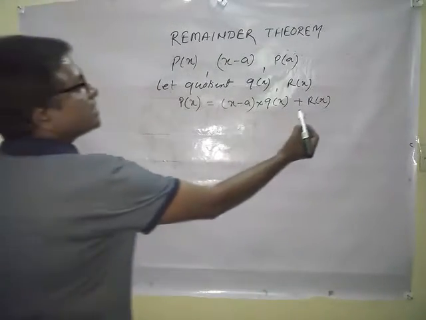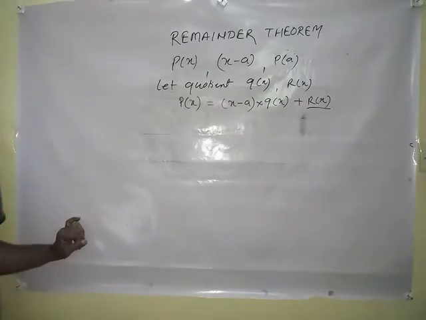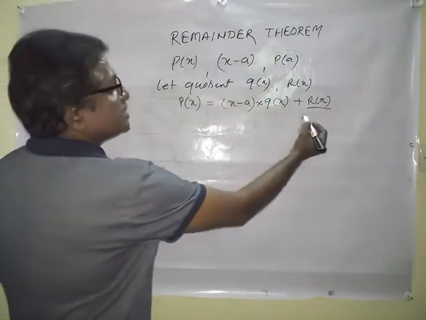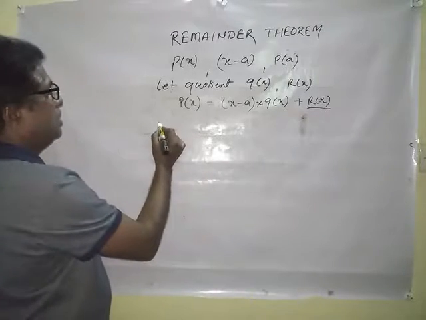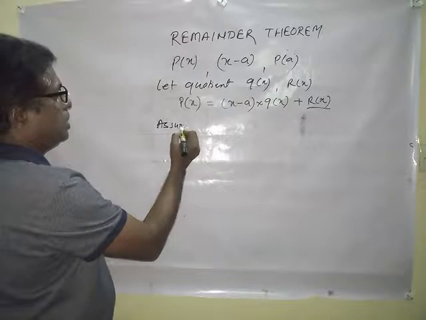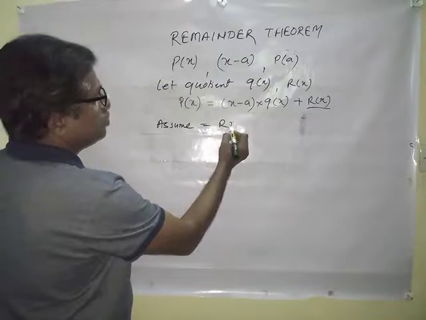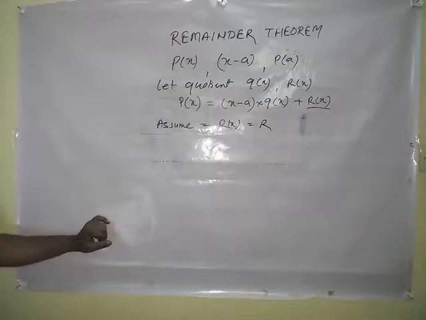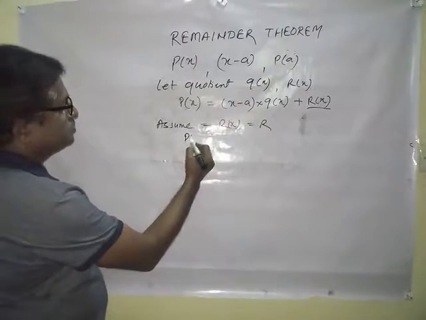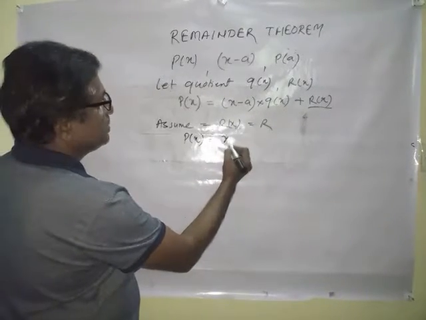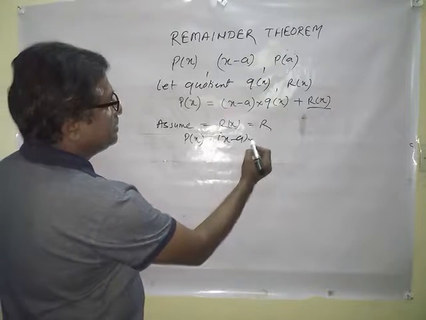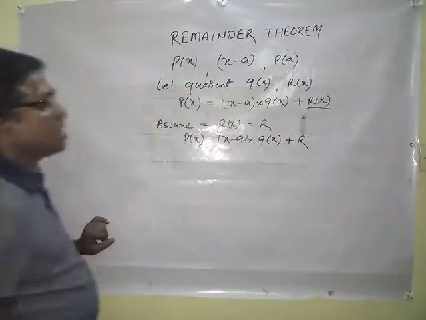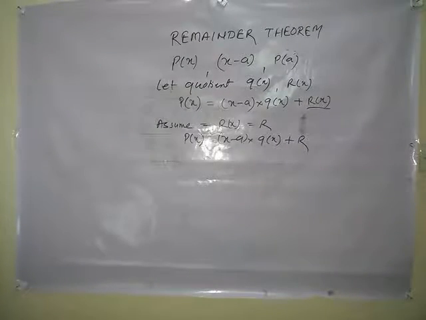So either r(x) will be 0 or a constant. Let us assume r(x) is equal to a constant R. So now the equation will become P(x) equals (x minus a) multiplied by q(x) plus R, the remainder.